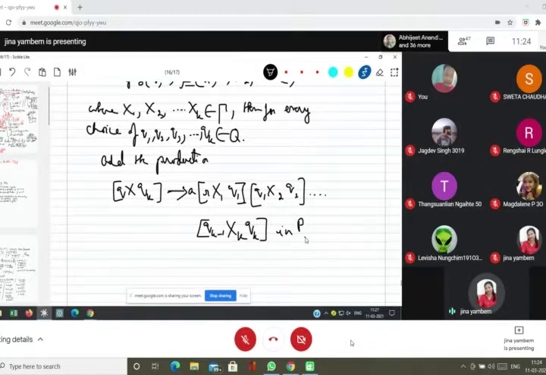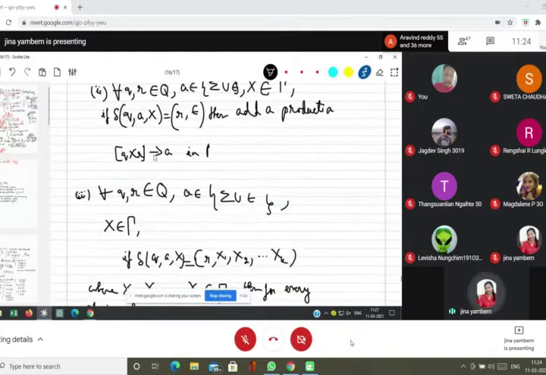Don't worry, I've just written the rules. Let me take an example, and whenever I'm constructing production rules from the given transition function, which is a part of the push-down automata, I'll just recall the rules and then explain them accordingly.